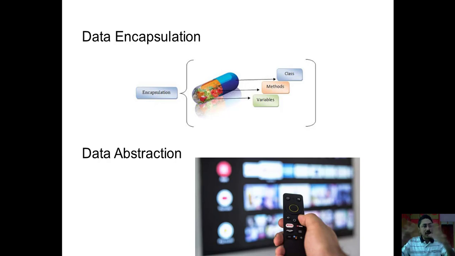I have all the units which are contributing to broadcast the picture wrapped in a single box. You have a speaker, you have a DVB, digital video broadcaster unit, you have a picture tube. All these units have been packed together under one box, and this has been separated from the outside world.